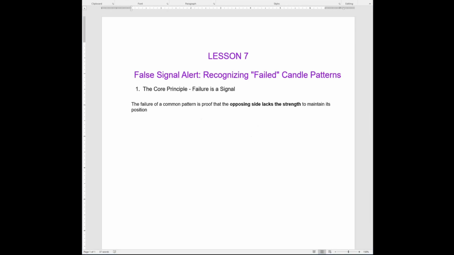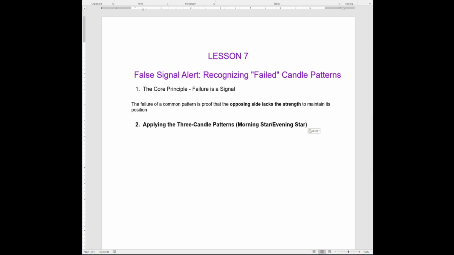And the next one, I will show you how we can apply it to failed three candlestick patterns, the failed morning star and evening star. There are two pairs of patterns relating to three candlestick patterns that I will share with you today because they are more reliable than the previous one candlestick and two candlestick patterns.